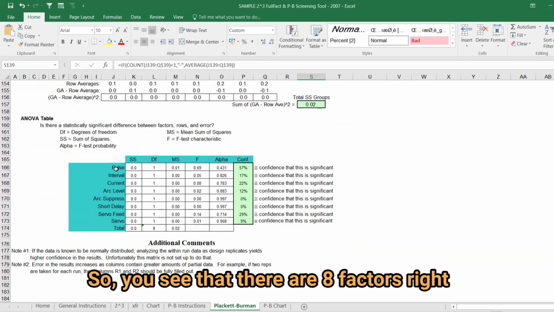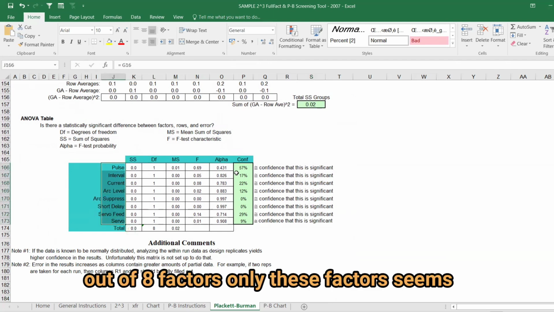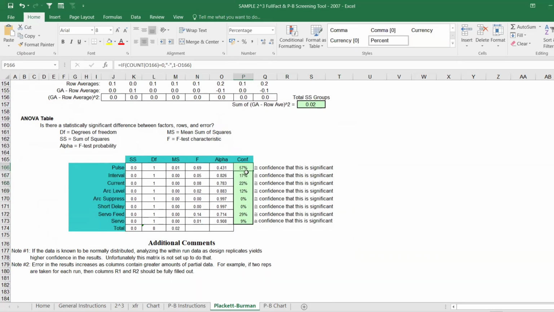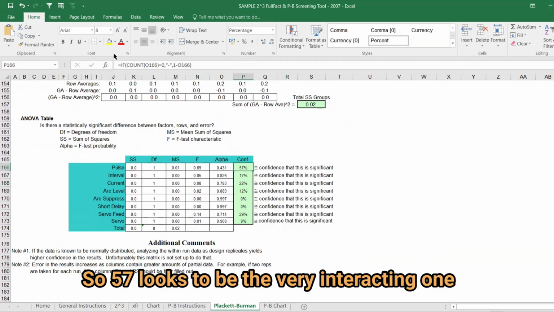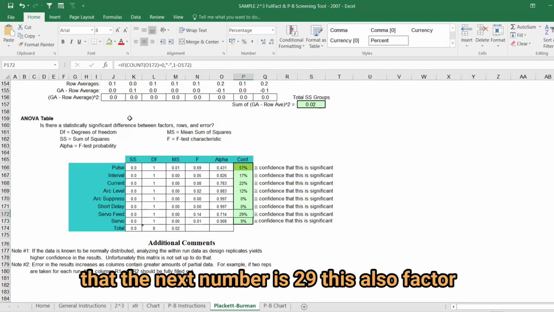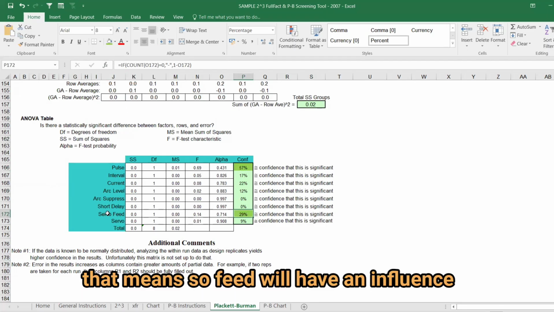So you see that there are 8 factors, right? Out of 8 factors, only these factors seem to be significant. I'm just going by the value. So 57 looks to be the most interacting one. And then after that, the next number is 29. This is also a factor. That means the feed will have an influence.